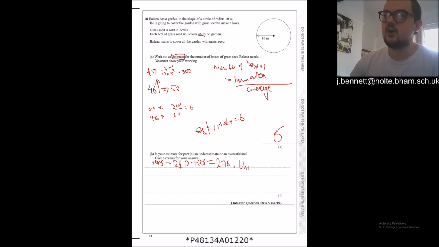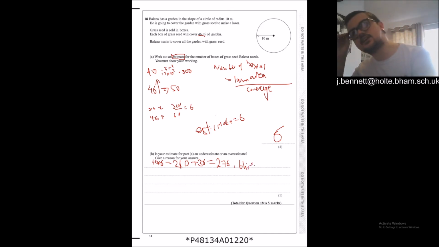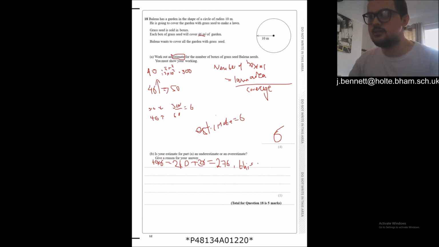This doesn't cover the whole area. When you multiply that 46 by 6, you don't cover the whole thing. So if this is less than what we need, we need it to be bigger, therefore 6 is an underestimate.